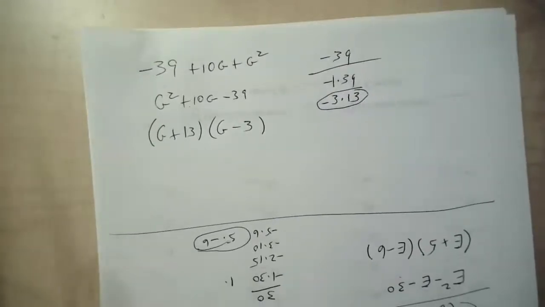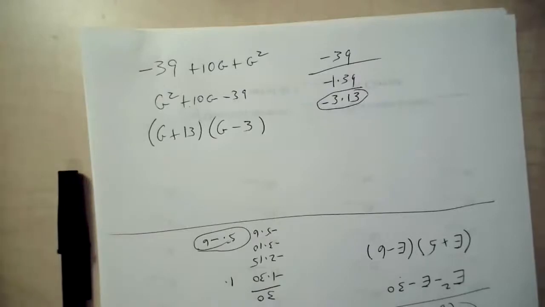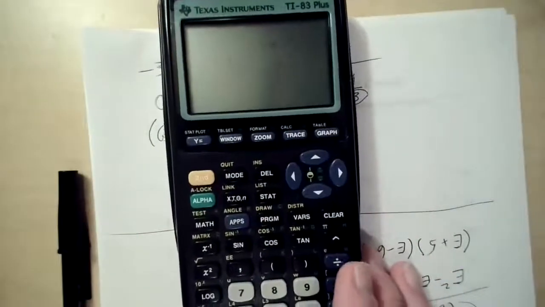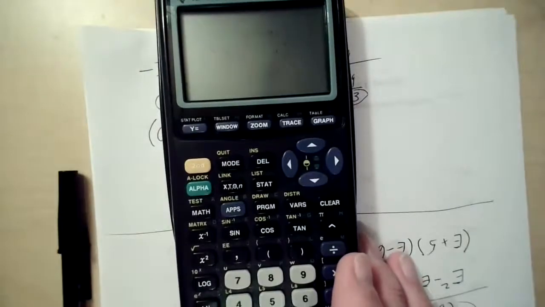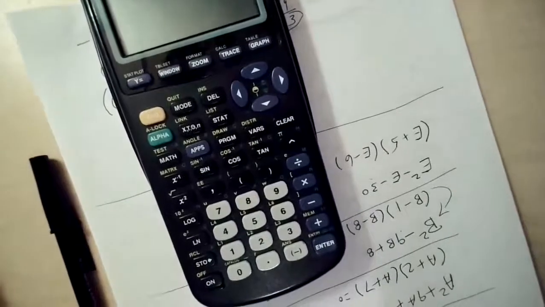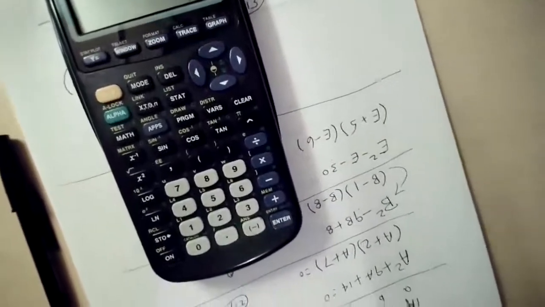Look, this is as good a time as any. I'm going to show you how to do this on the calculator. I have a sheet that explains it step by step. The first thing is, let's see if I can raise up the camera here.